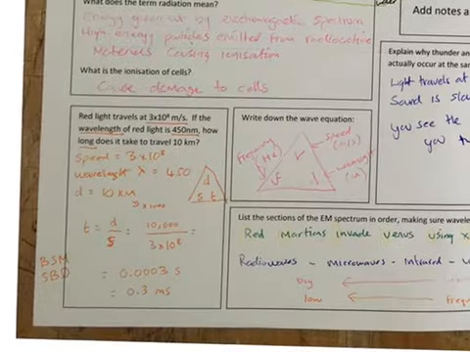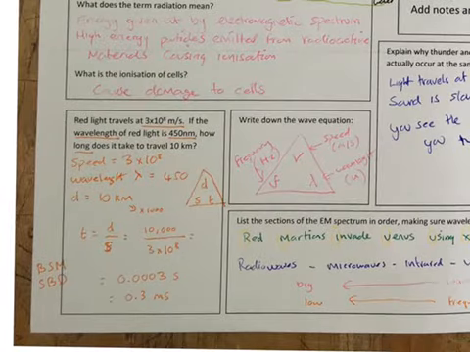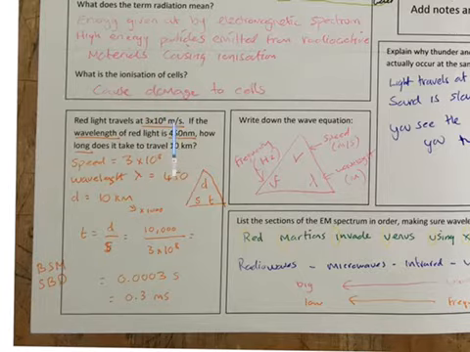Let's go down here. So we've got a little bit of maths now to do. Red light travels at 3 times 10 to the power 8 meters per second. So that is just 3 with 8 zeros after it. If the wavelength of the red light is 450 nanometers, how long does it take to travel 10 kilometers? Now, I haven't got to really do any conversions here because we're going to give the answer.